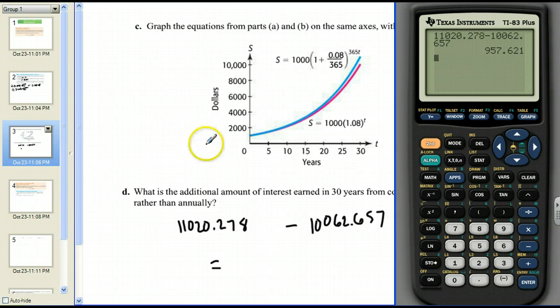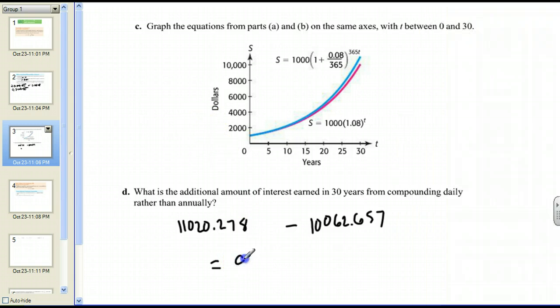I get $957.62, so $957.62. So over the course of 30 years, it makes a pretty significant difference here.